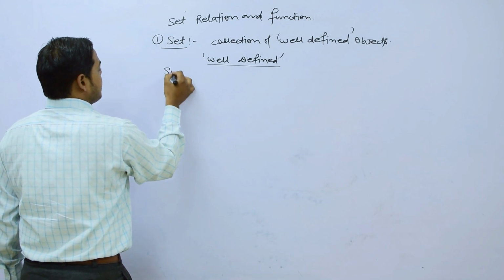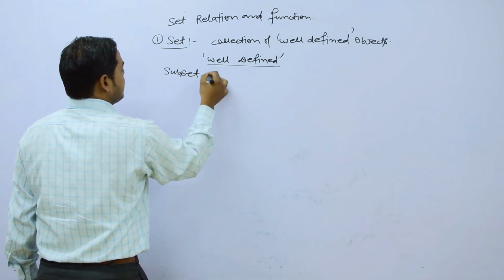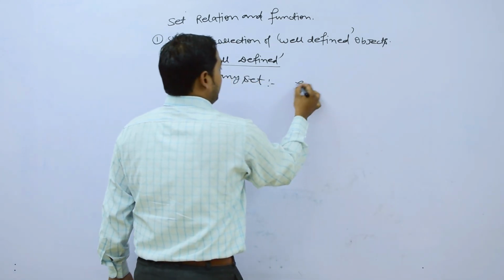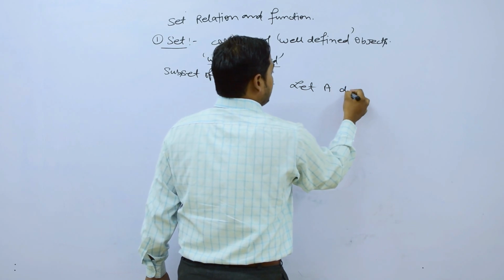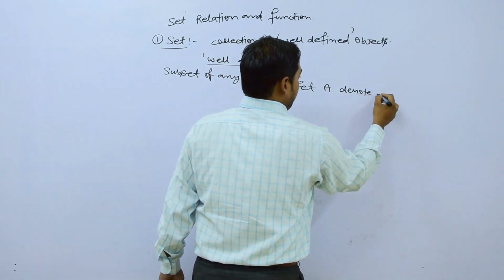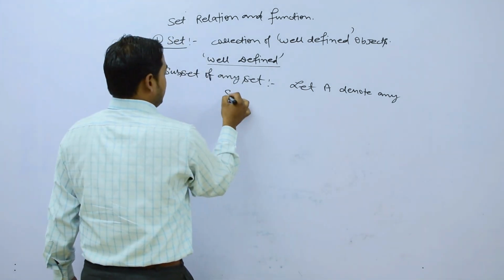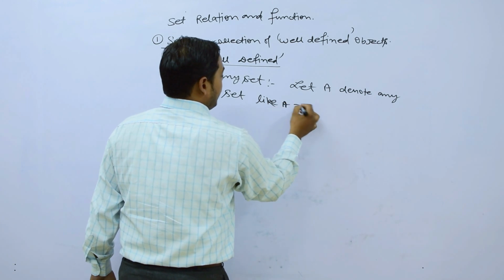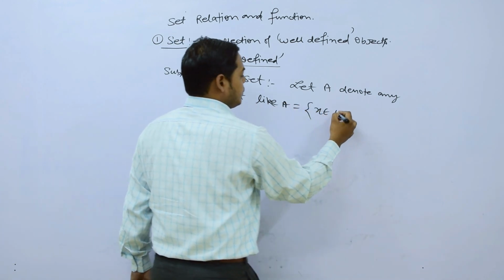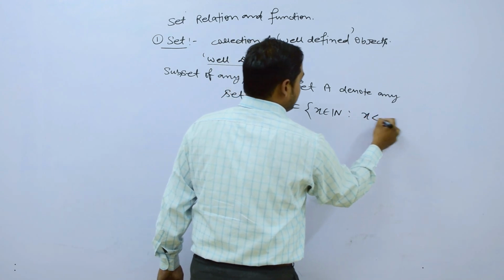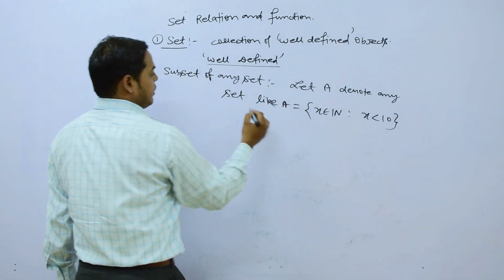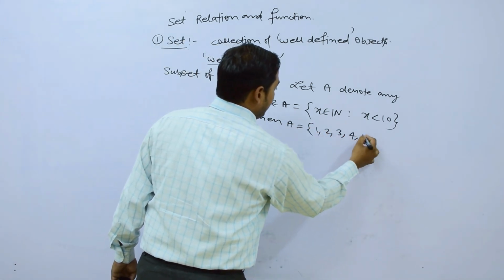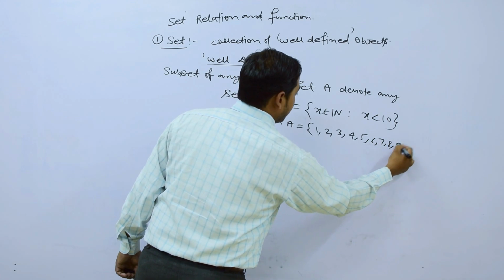Now, subset of any set. Let A denote any set, like A equal to x belongs to natural number such that x is less than 10, then A equal to 1, 2, 3, 4, 5, 6, 7, 8 and 9.